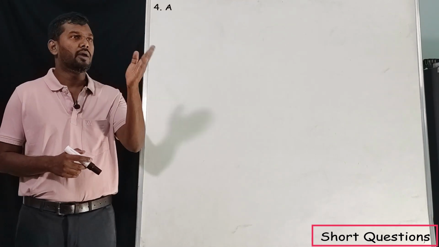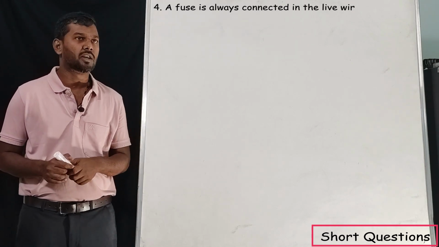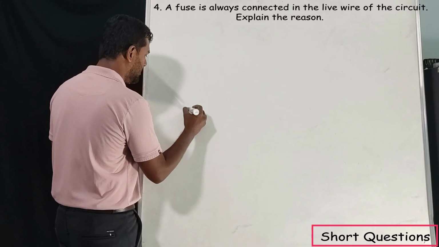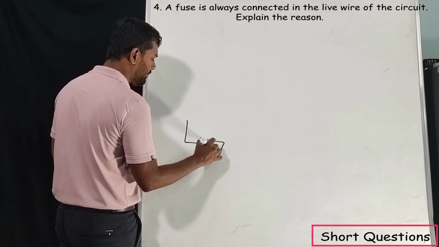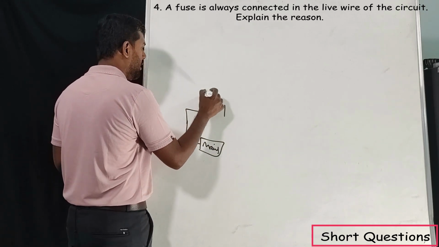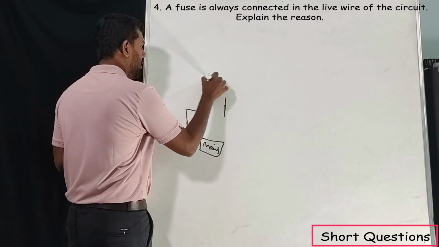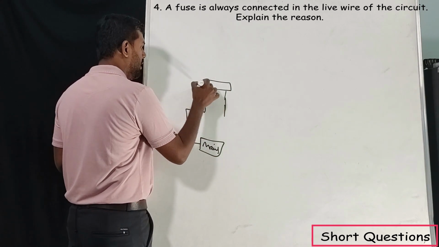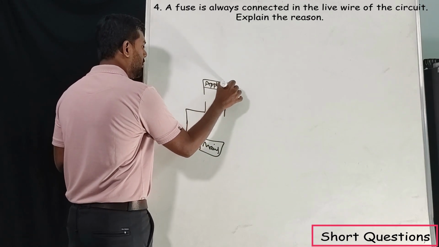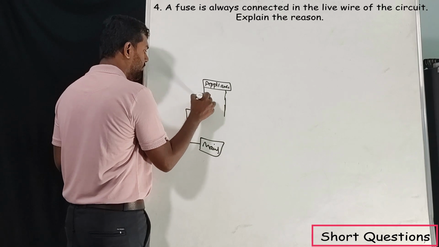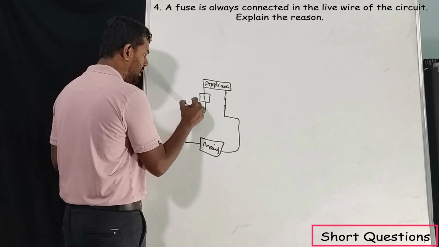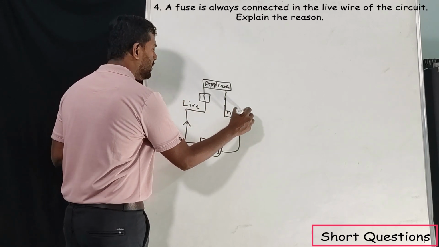Our next question: a fuse is always connected in the live wire of the circuit. Explain the reason. See, if you understand the diagram, then it is easy to write the explanation. Listen, assume this is the mains, and this is the appliance. Assume the fuse is connected here, in the live wire, live and neutral.